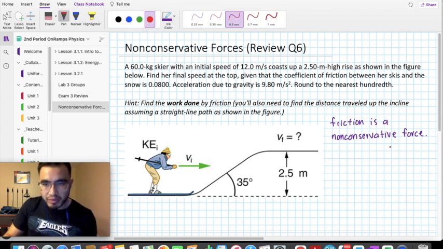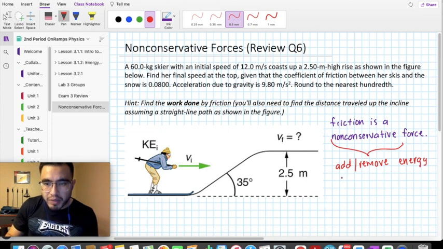Let's go for red. These forces, oh, that was bad. Let's try it again. They add or remove energy from the system.